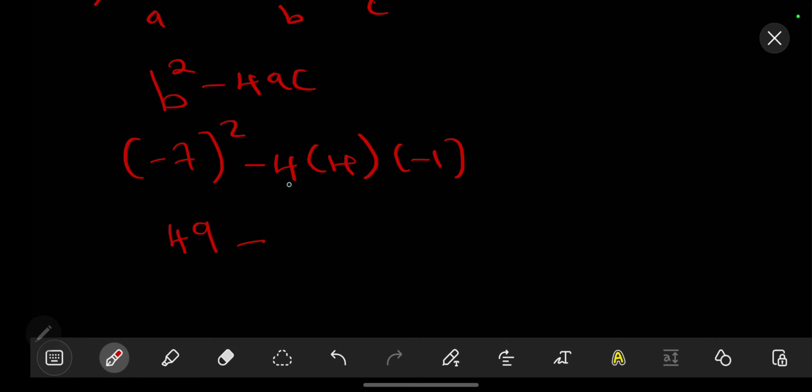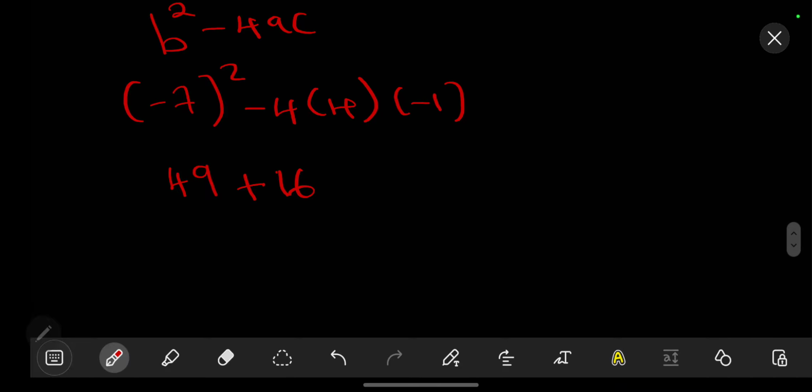Then minus 4 times 4 is -16, times -1 gives a positive 16. Adding our 49 plus 16, this gives us a value that is equal to 64.